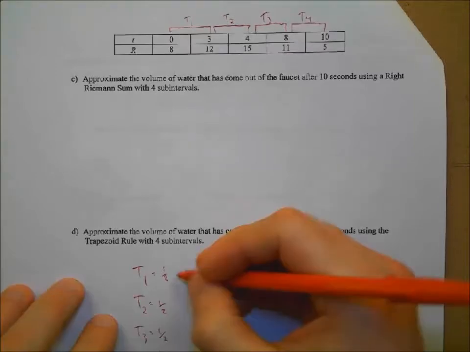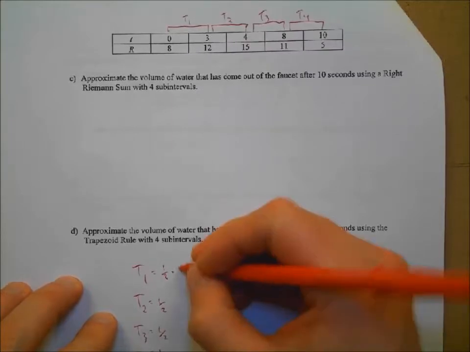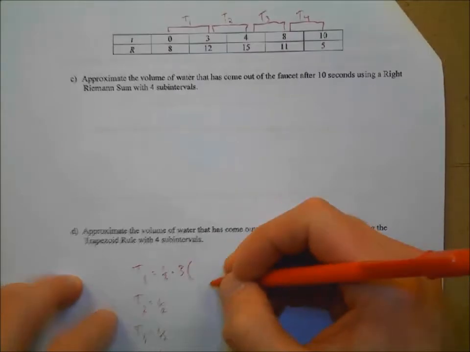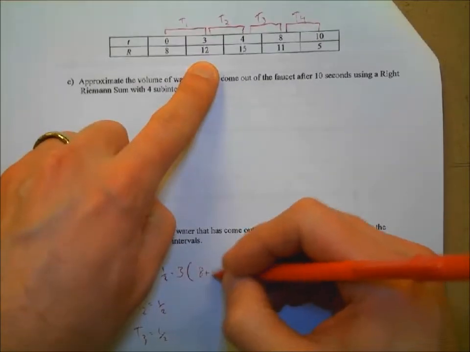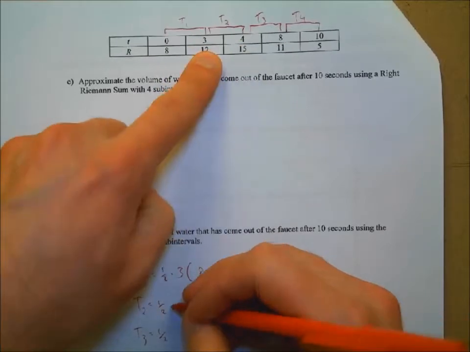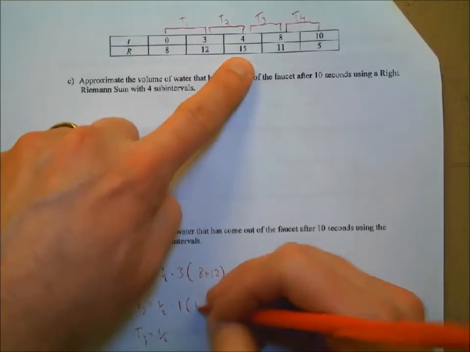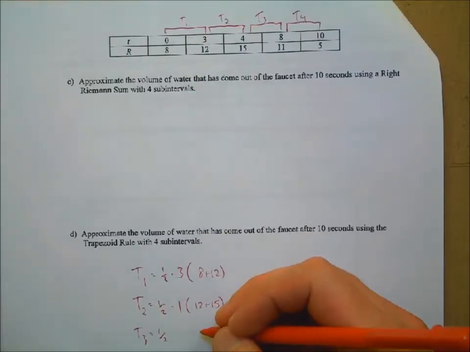Okay? So, that first trapezoid, what will its height be? 3, right? The width of the subinterval, times the 2 bases. So it's going to be 8 plus 12. Okay? And then for the second trapezoid, width is 1. And then 12 plus 15.